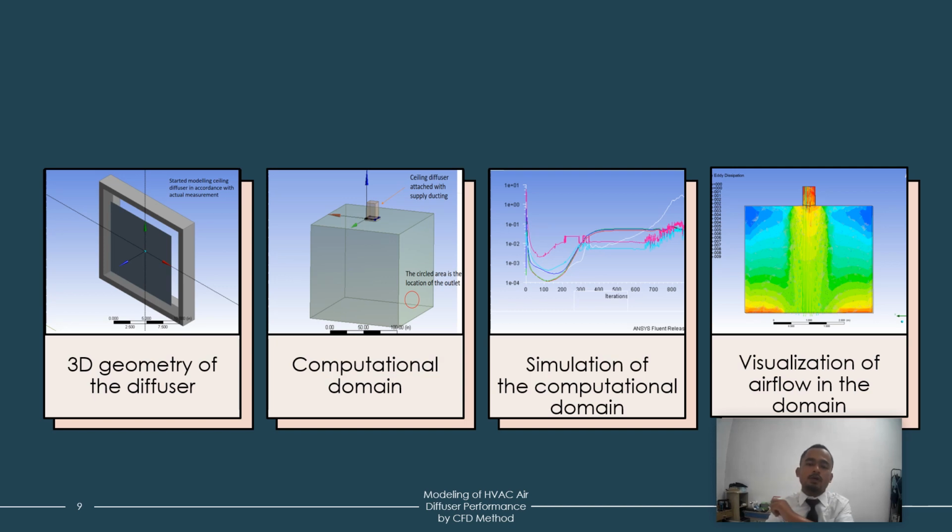And next figure shows the simulation of the computational domain. So in this simulation, few steps has been taken to run the calculation. For example, the implementation of K epsilon turbulence model, and then the inlet temperature, which is 287 Kelvin, and then the velocity of the inlet, which is 0.6 meter per second.